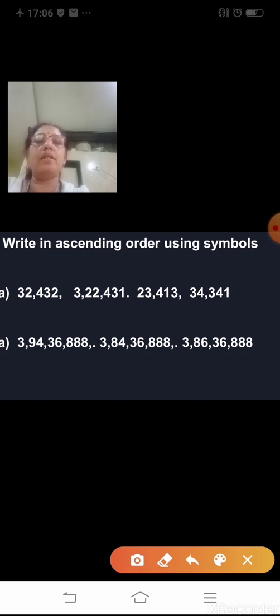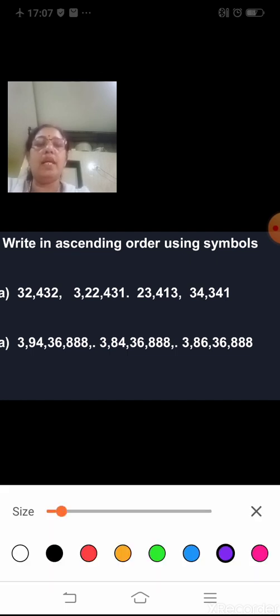The second number is 3,22,431. Third number is 23,413. Then the last number is 34,341. Now according to the comparison of numbers, you all know, first one is a 5-digit number, second one is a 6-digit number, the rest two again are 5-digit numbers.